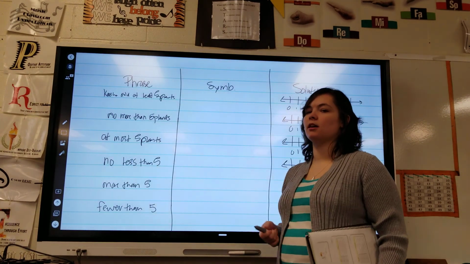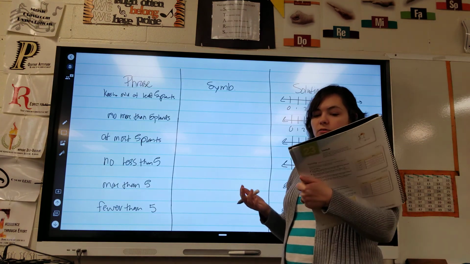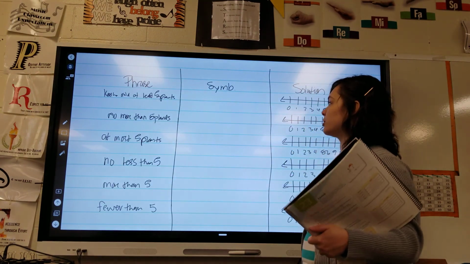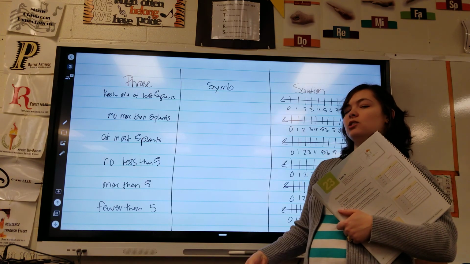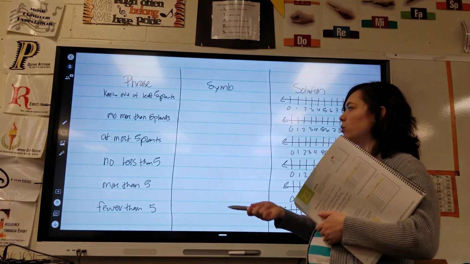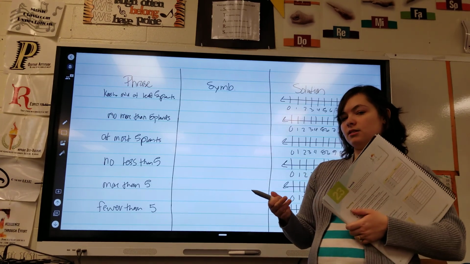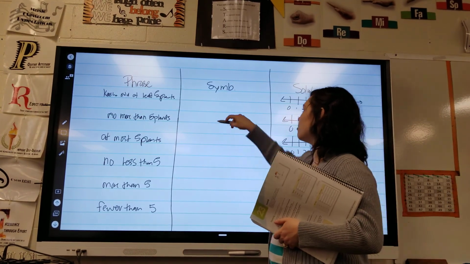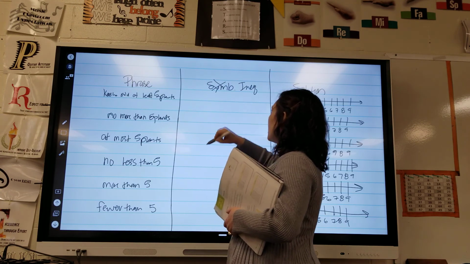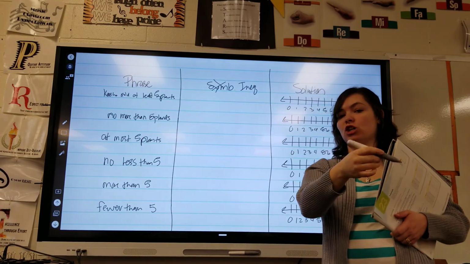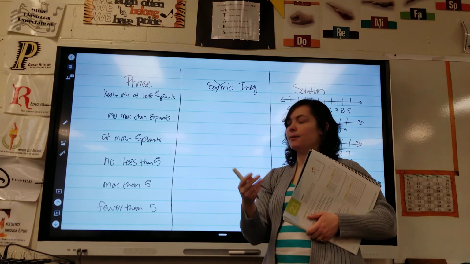But we're going to get to an example where we don't, no, actually, we don't have a number. So, each phrase here explains a situation, and we have to come up with a symbol that's going to represent this equation. Or symbol is kind of a bad way of saying it. We need to come up with an inequality, okay? Or an expression, but it has an inequality sign.